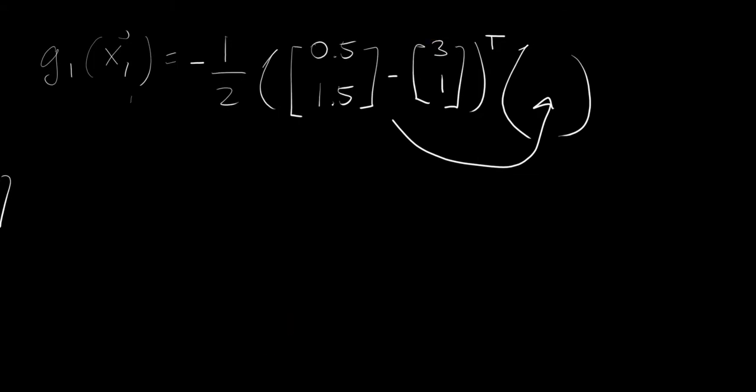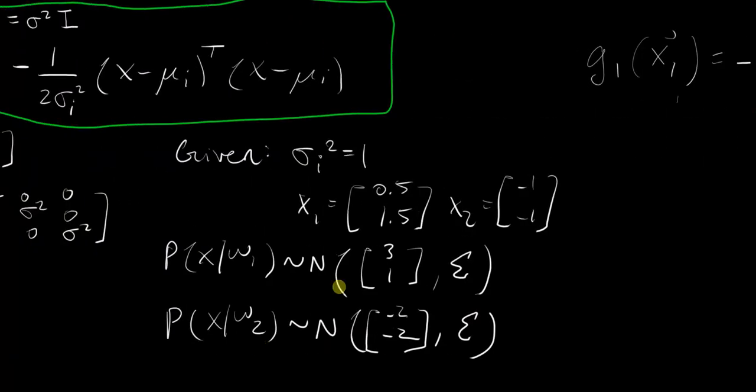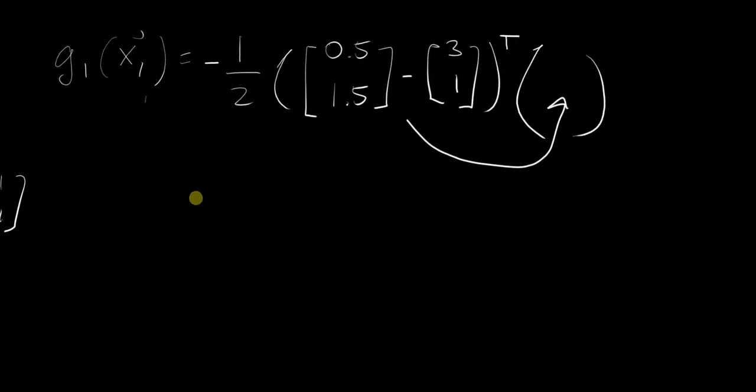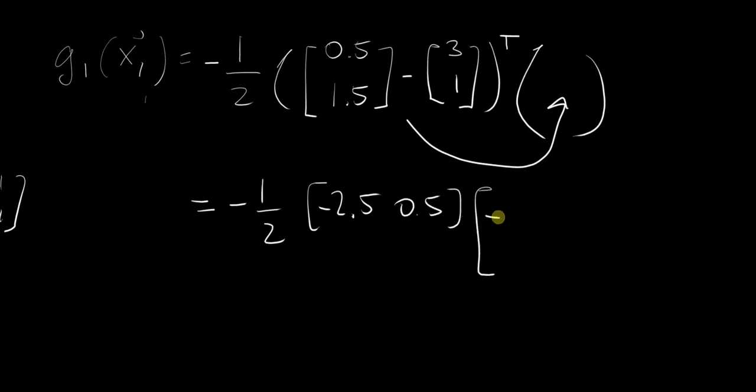That's from the means. The means are given to us in the description of the probability density of these conditional probabilities. So then once you work out that math and you do the transpose, it'll look like this, and that works out to be negative 3.25. So we're going to keep that aside for now.